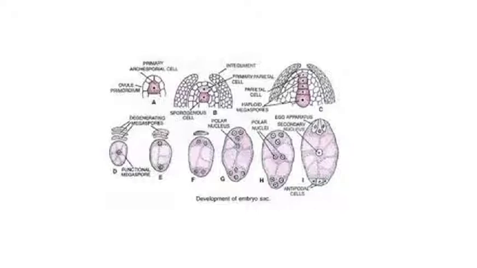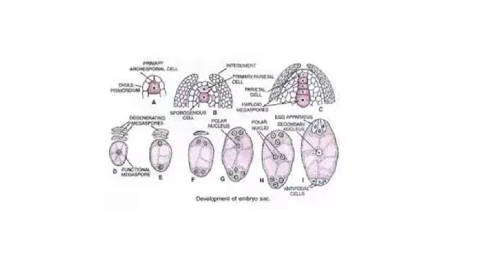So the four nuclei out of eight nuclei are arranged on one pole and four nuclei are arranged on the other pole. Means four are arranged at the micropylar end and four at the chalazal end. Later on, one nucleus from each pole migrates towards the center and they form the secondary polar nuclei.